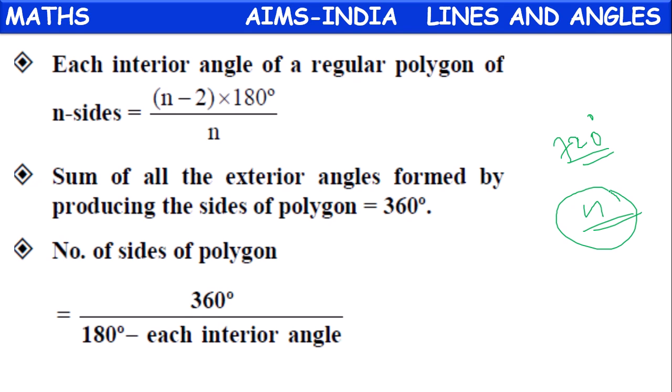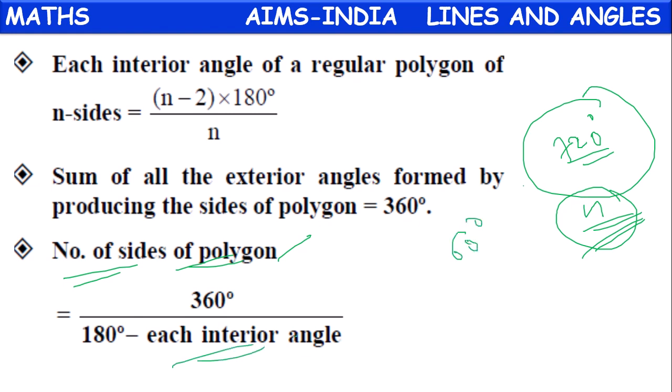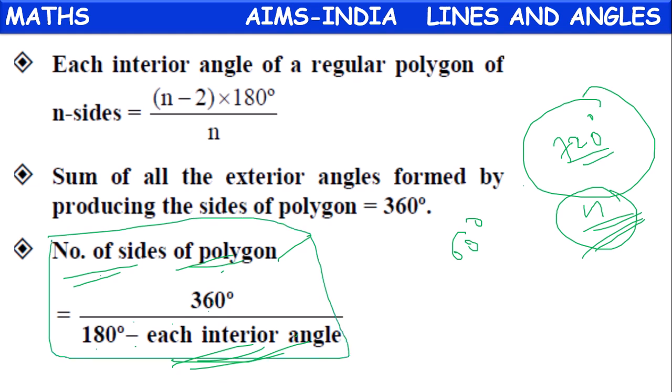For the number of sides of a polygon, if you know one angle, the formula is 360 degrees divided by 180 degrees minus each interior angle. So this we will learn later, children. This concept will come.